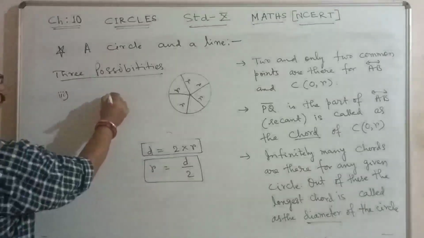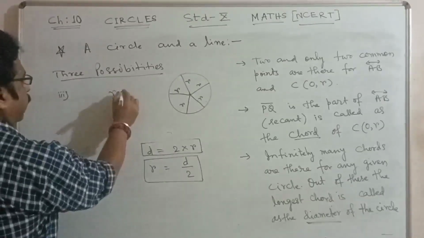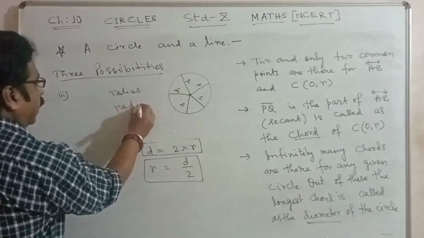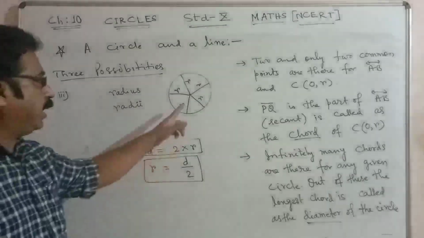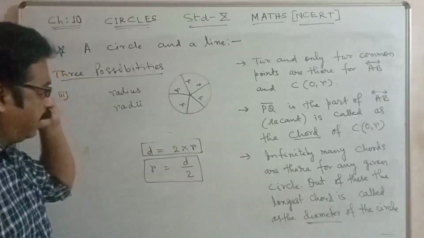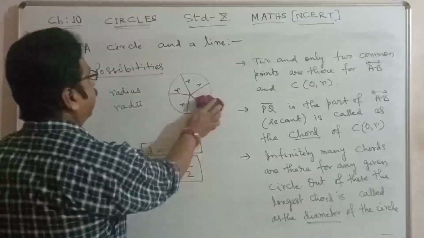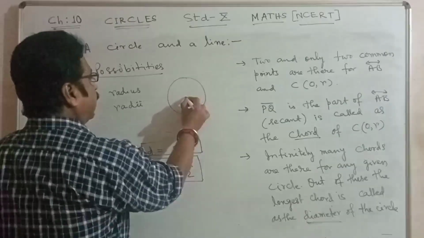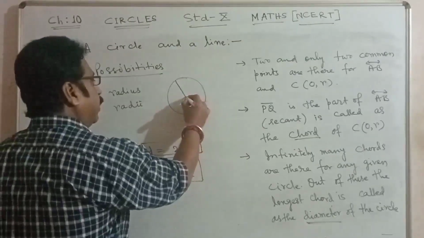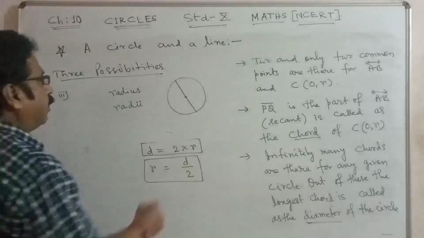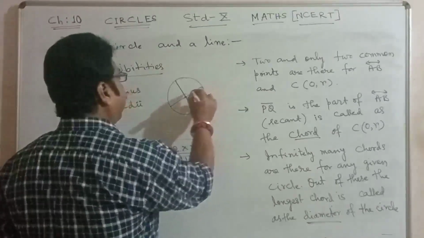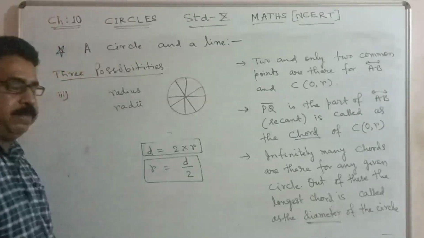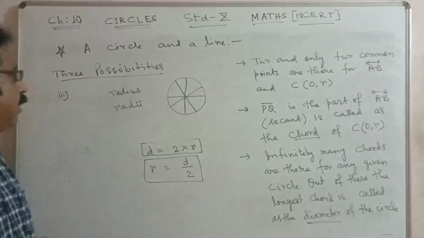Singular is radius, and plural is radii. Infinitely many radii can be drawn for a given circle, and infinitely many diameters also. Diameter means the longest chord which passes through the center of the circle. So infinitely many diameters are also there for a circle.